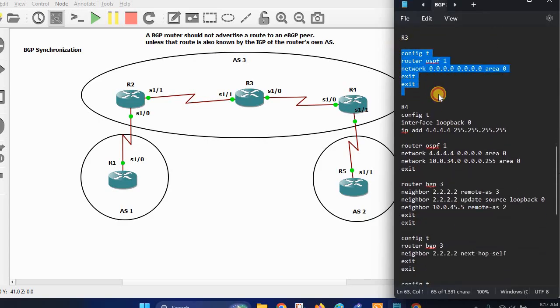This is the R3 configuration. On R3 we do not configure BGP, only OSPF, and we configure the default network.